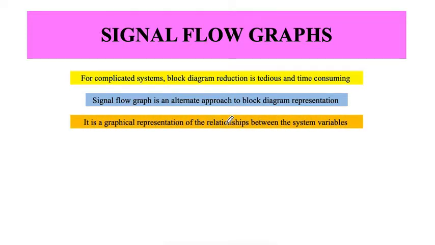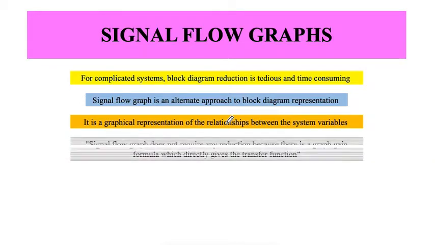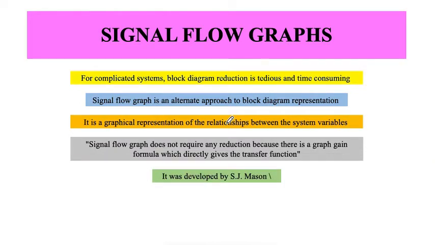I don't really need to do any reduction. I just need to memorize a small formula. We will not derive that formula, but we will use it, and the formula was developed by Mason, and therefore it is called Mason's gain formula.